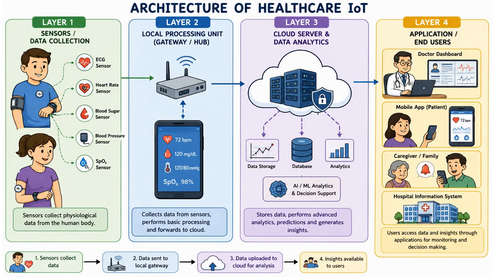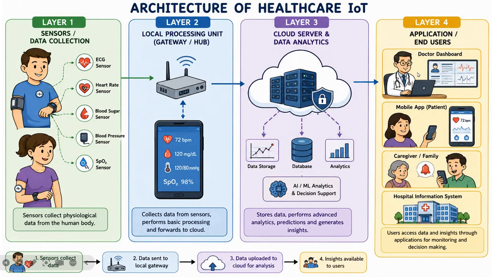Now, since data from multiple patients can be stored together, the healthcare providers can access medical records from anywhere or any location. The fourth layer is the application and the end users. This is the final layer and it represents the end users who interact with the healthcare IoT systems. These include the doctors, patients, caregivers or family members, and the hospitals.